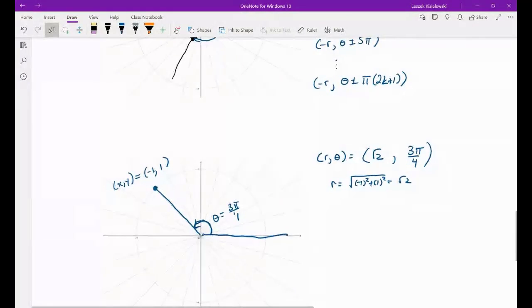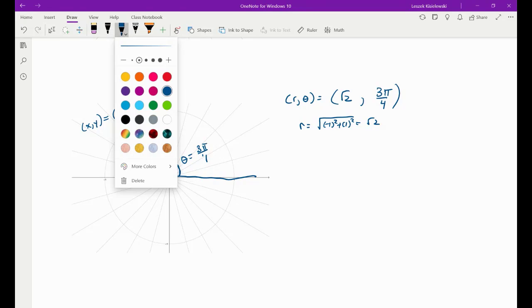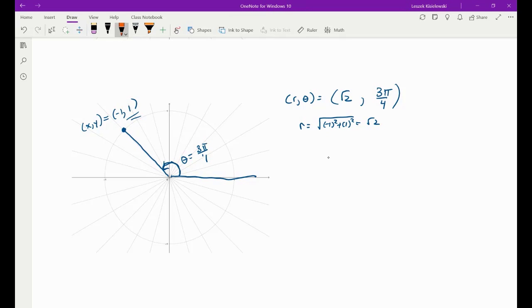Okay. So now if I want to represent exactly the same point, but differently using polar coordinates, I could just simply add pi, right?